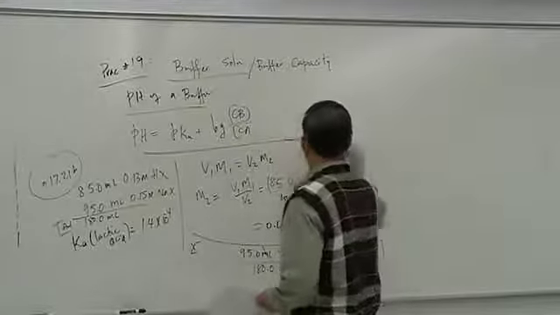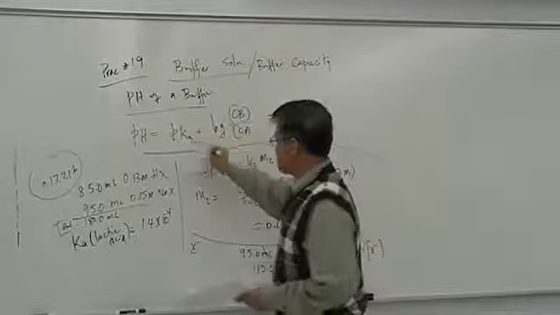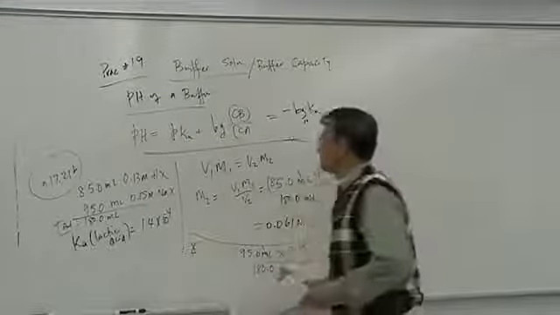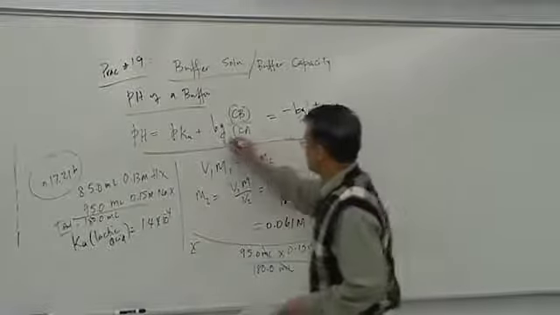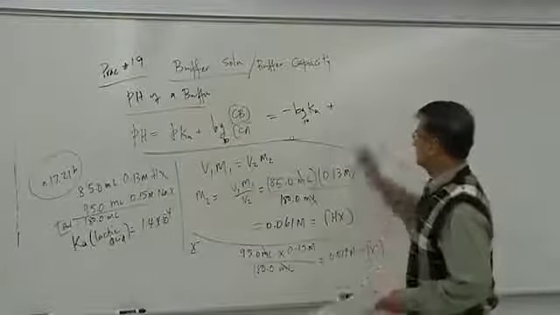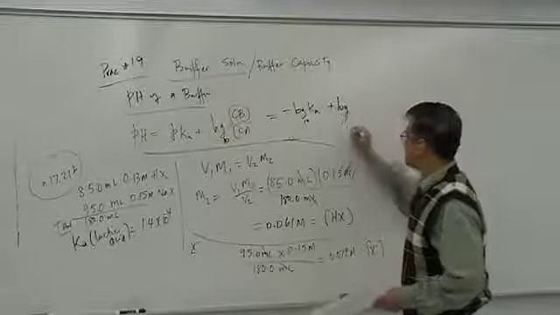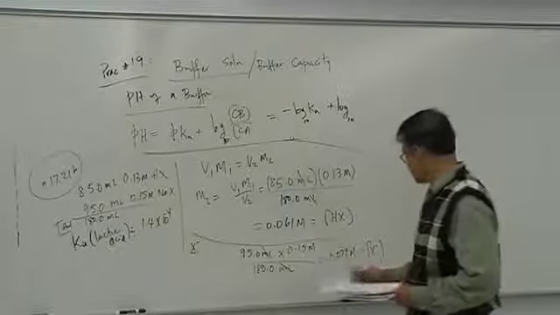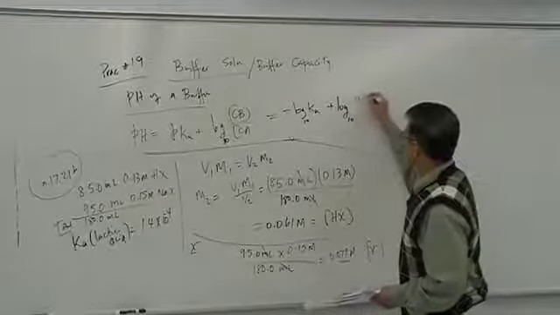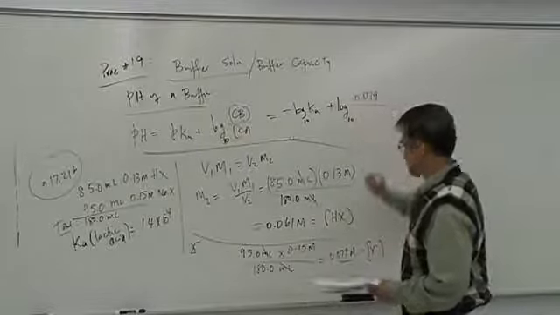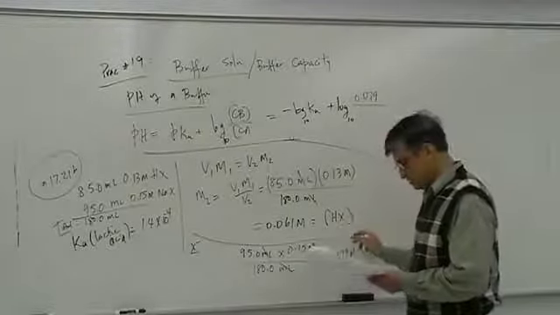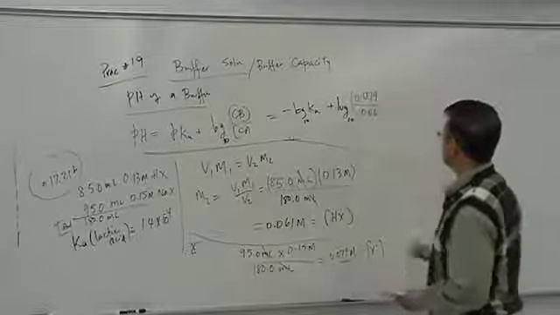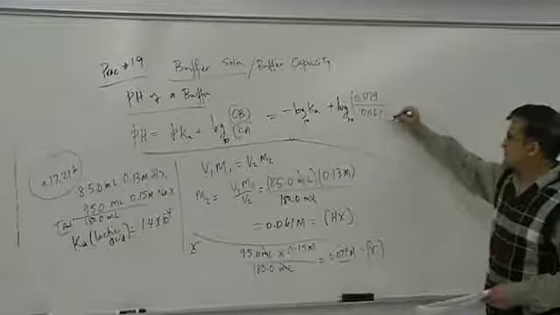So let's do it with those values. pKa would be minus log of Ka. Keep in mind these are all base 10 logs. Log of the conjugate base on the top: conjugate base is Cb, so that value is 0.079 molar on the top, and the HX value on the bottom, 0.061. So this is the conjugate base over conjugate acid.